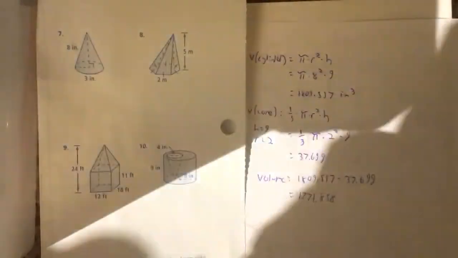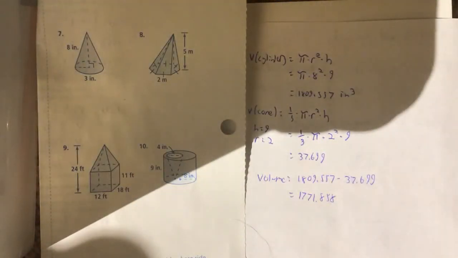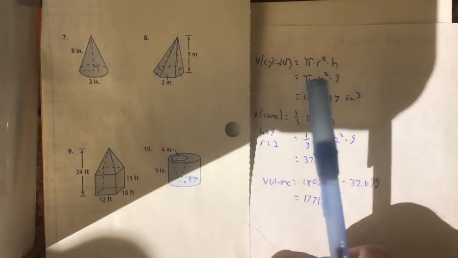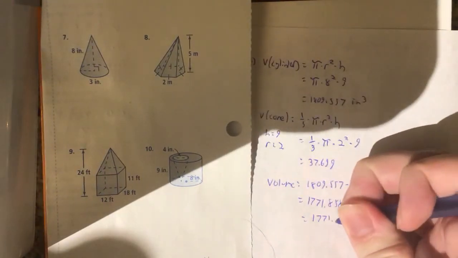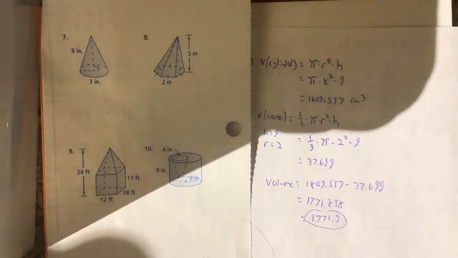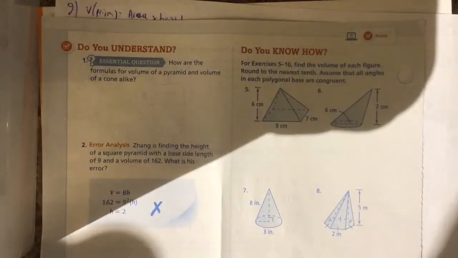And then it's up to you how you want to round it. It doesn't say on here, round to the nearest tenth, so this is going to be 1771.9. And we are finished. So that concludes how to solve questions with pyramids and cones.